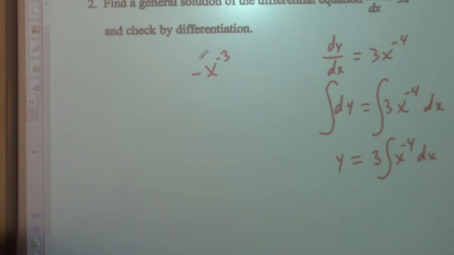So let's take the derivative of this, d dx, and see if that's right. The derivative of that is going to be positive 3 x to the negative 4th power, right? We just want to have this, so what do we have to have for that? We've got to have it over 3, don't we?